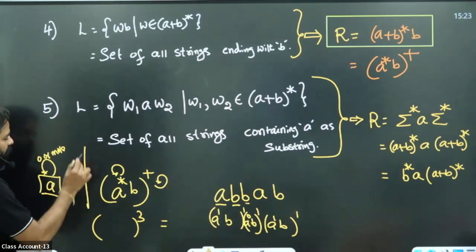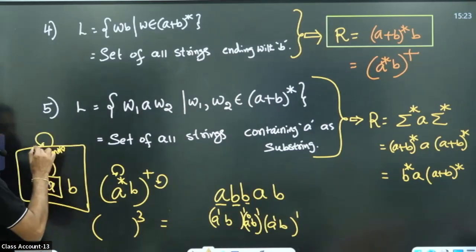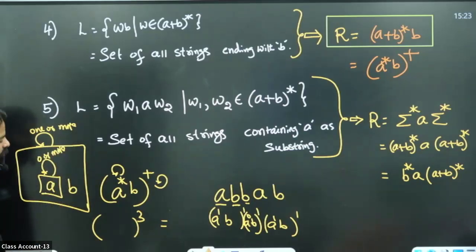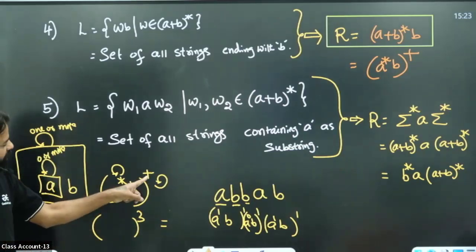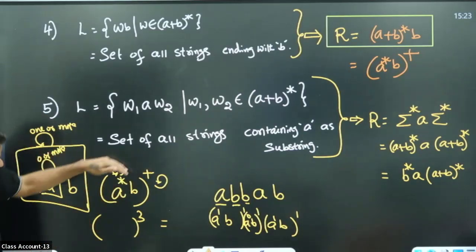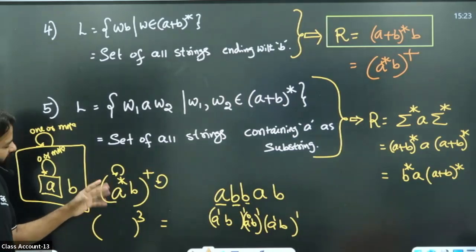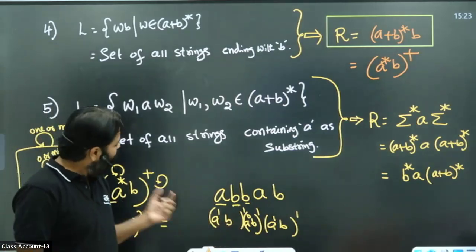(A star B) whole plus means repeat this 1 or more times. So you should enter at least once. And this one says either you take it or you don't take it, I don't care. That's why A power 0 comes sometimes, meaning A is not there.